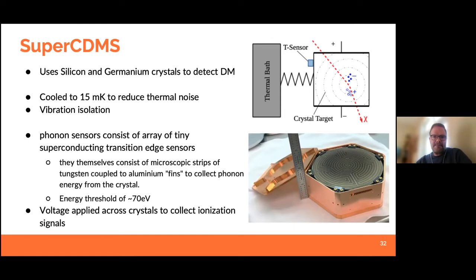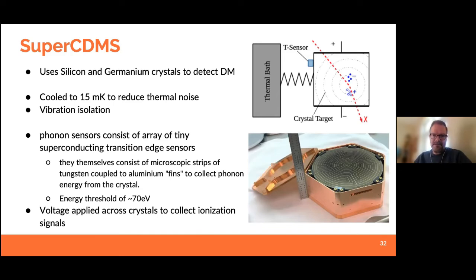Okay, so let's talk a little bit about SuperCDMS. As I said, they use silicon and germanium crystals to detect dark matter. What they do is they cool them down to very low temperatures, 15 millikelvin, and this is in order to reduce thermal noise.